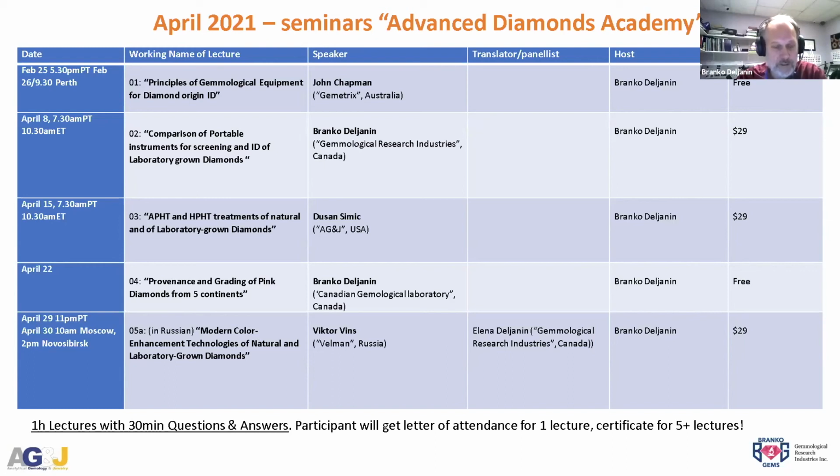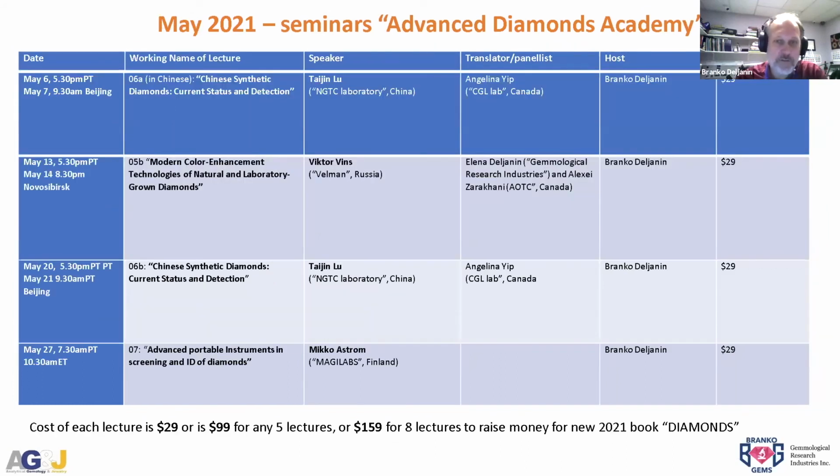I was there 20 years ago, and he did a lot of research. He'll talk about this. In April, we'll do the same in English. We'll probably have somebody to help him translate or moderate, like Elena and Alexis Zarakani. And we'll have in Chinese and English Taijin Lu from NGTC Laboratory, who will talk about what's happening in China, the biggest producer of lab-grown diamonds.